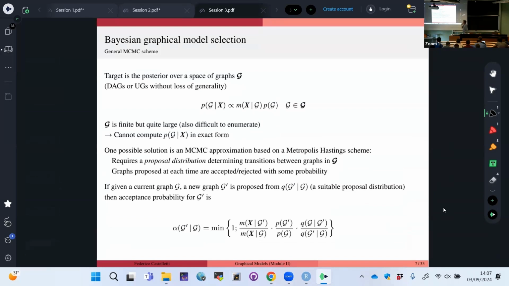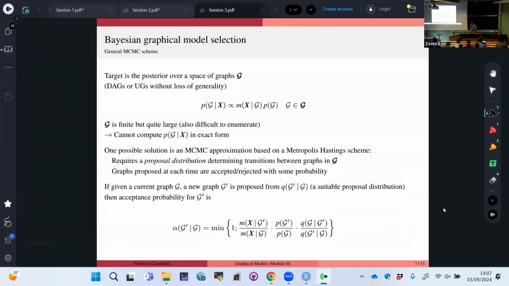So the target is the posterior distribution over the space of graphs G, which can be the space of DAGs or the space of undirected graphs. Without loss of generality, I will talk about a space of graphs that then we can specialize.